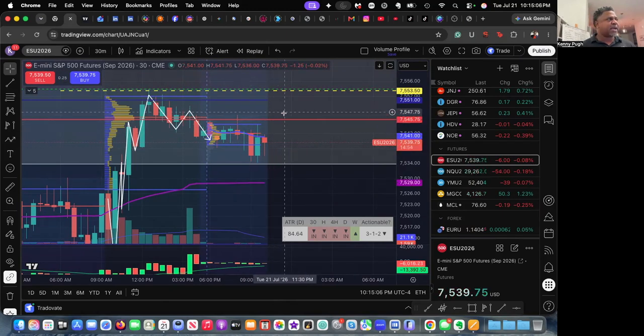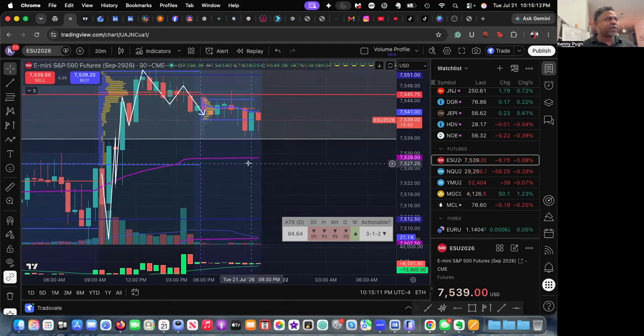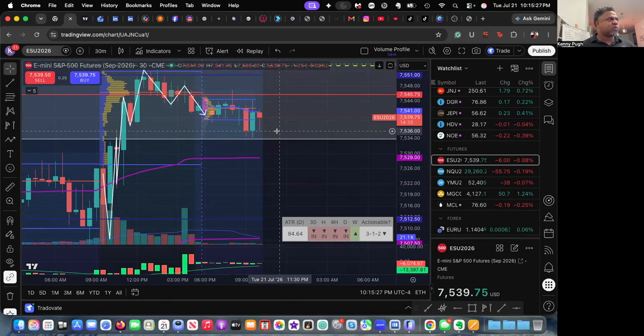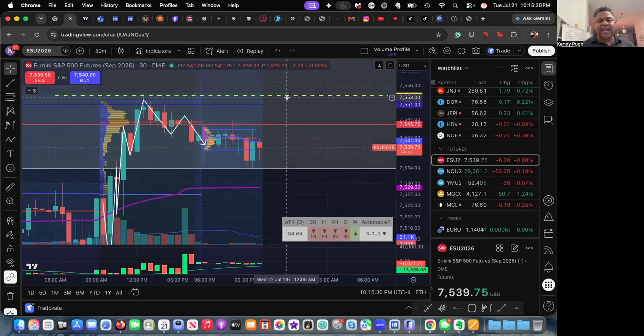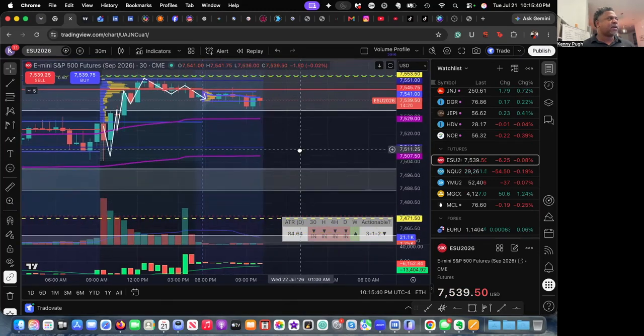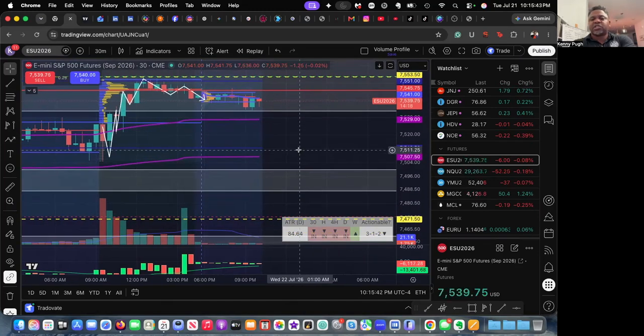Being able to understand the high time frame, high volume nodes, being able to understand the low volume nodes, what that means, being able to see the swing high anchor volume weighted average price, and then also the other anchored VWAP, which is anchored to the most recent swing low, and then also being able to see what I call gas stations, liquidity areas. And so we see those by these yellow dash lines, and it just helps to have a framework as you're entering into the market, and to be able to have something to target.